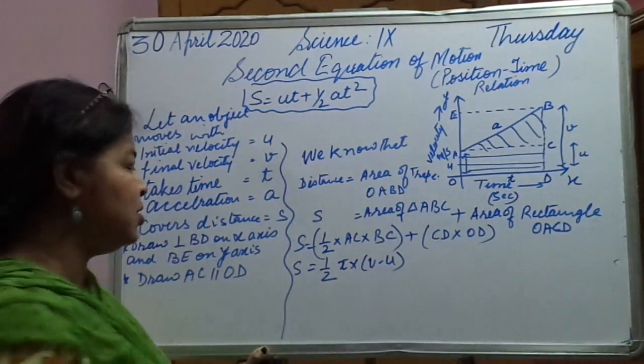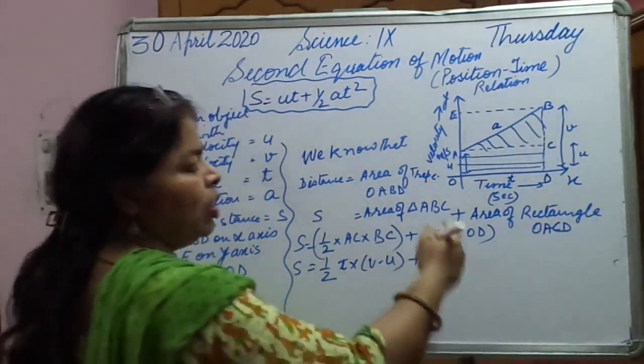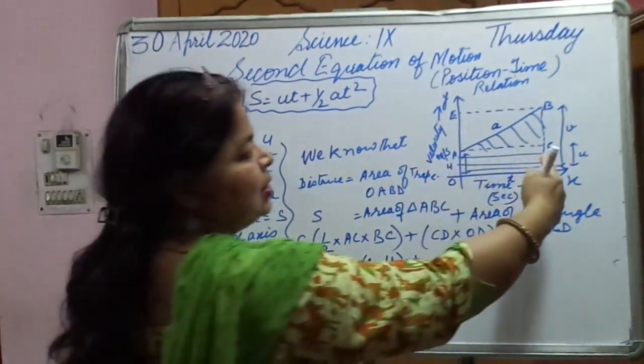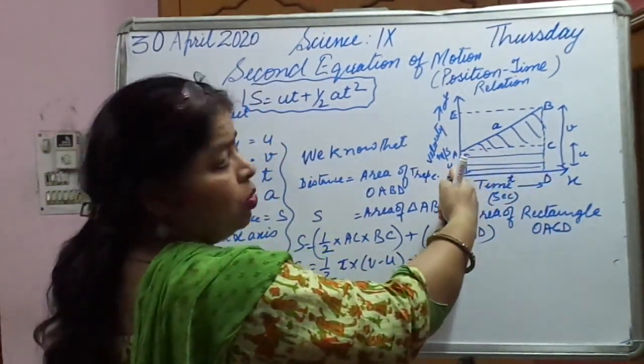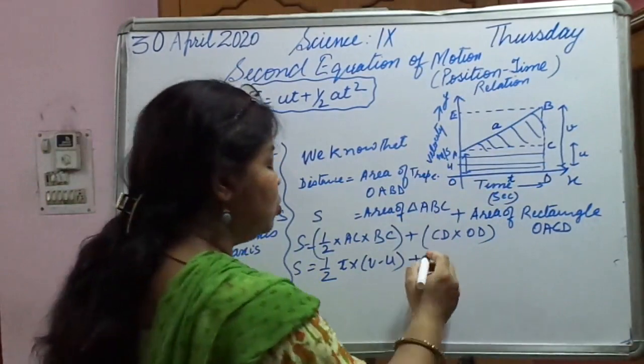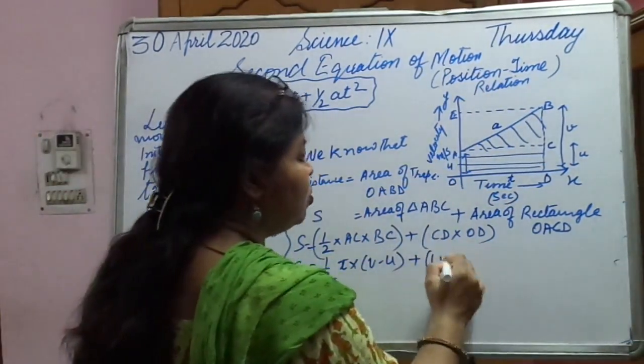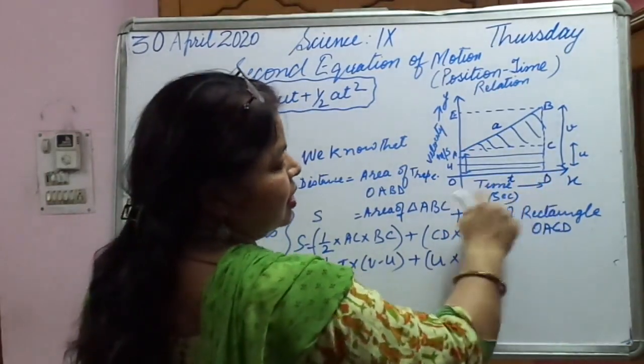Then plus, what is CD? CD is equal to AO, and AO is equal to U. So we can write here U into OD. What is OD? OD is this. It is T.